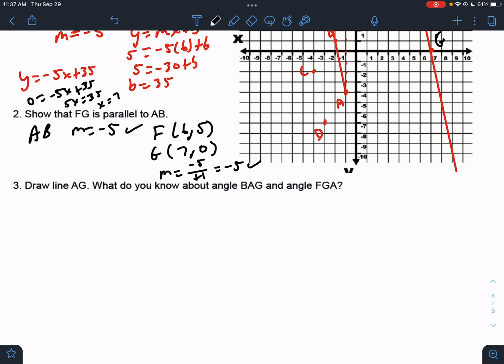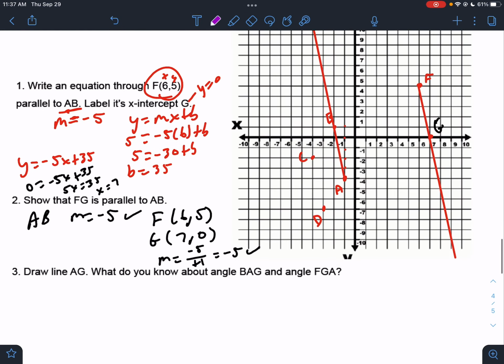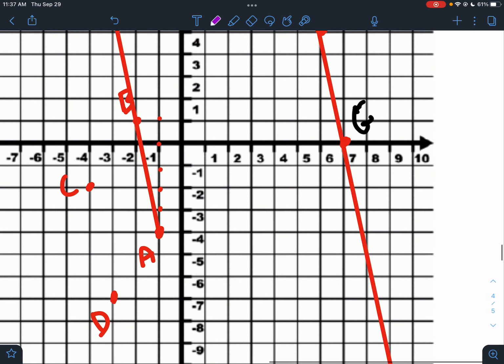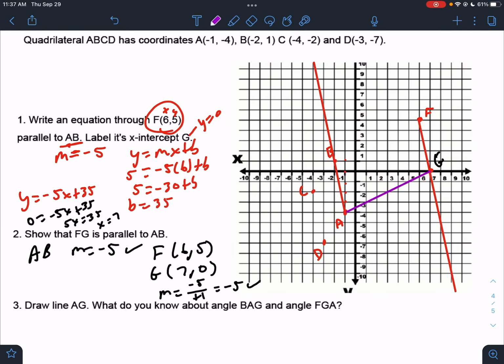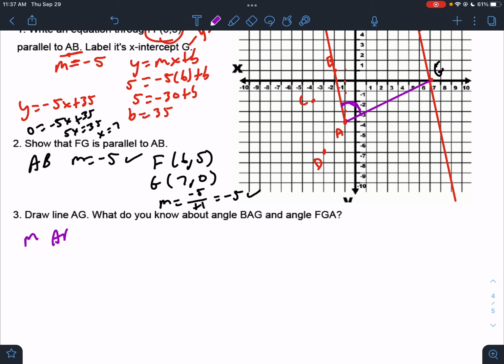Draw a line AG. What do you know about angle BAG? Ooh, this is fun. So let's draw a line AG, just like they said. What do you know about angle BAG? That's this angle right here. Well, we know that the slope of AB is negative 5. Let me get the slope of AG. So what are my points there?